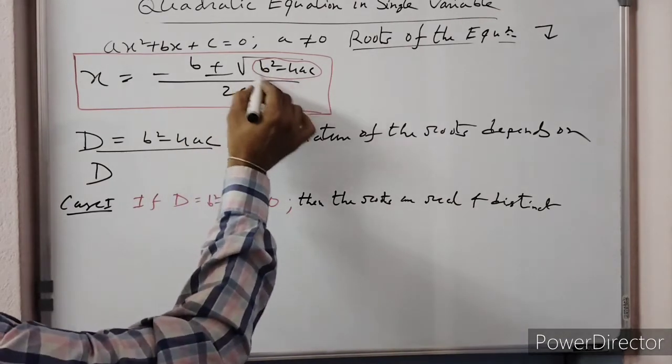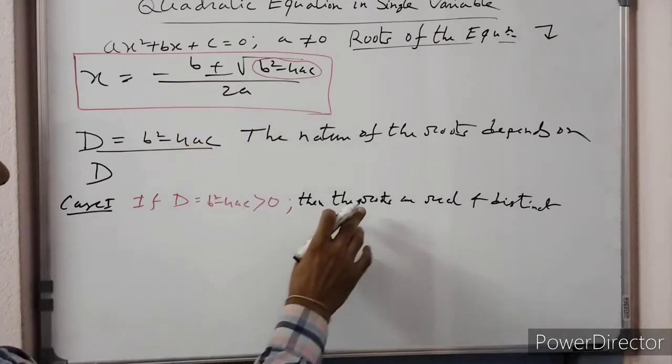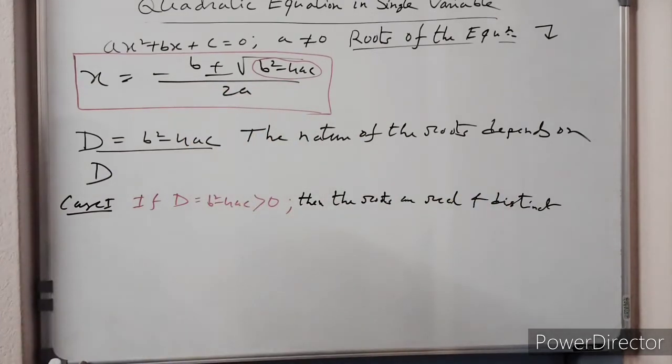Because if the term under the radical is positive, then the roots will be real and distinct.